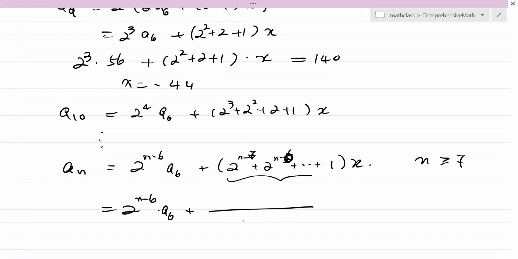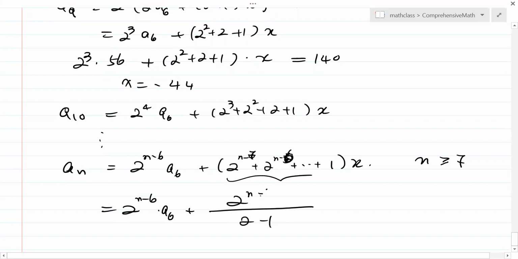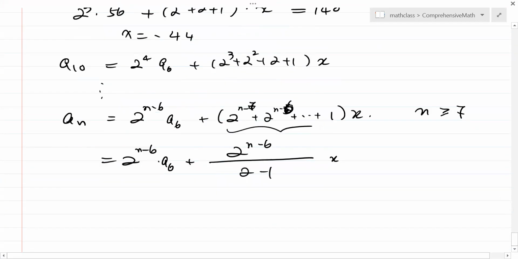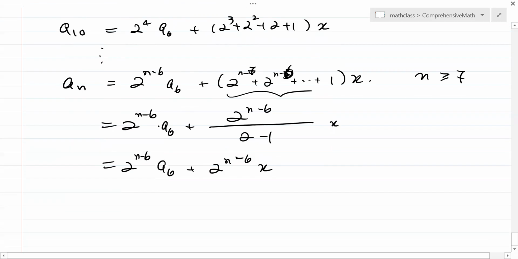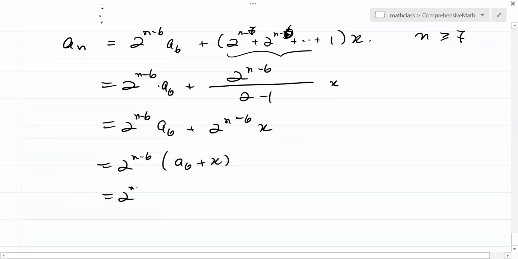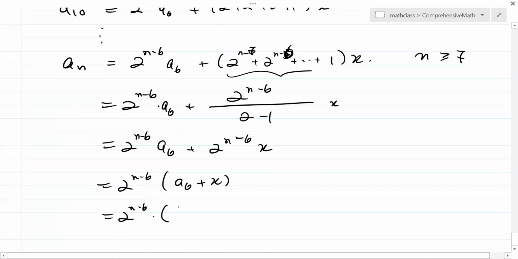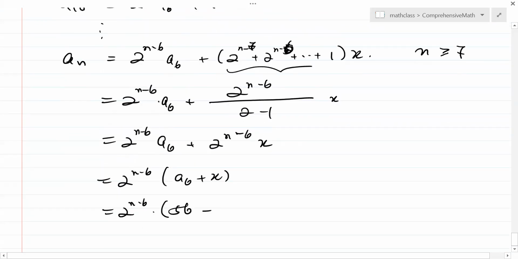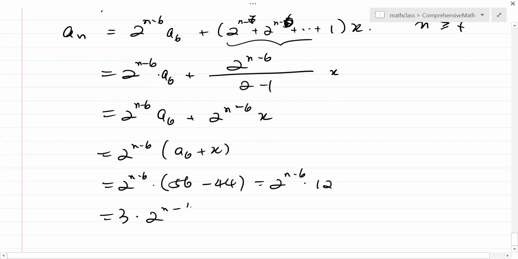It's better to write this form: 2 to the n minus 6 minus 1 over 2 minus 1. Let's simplify a little bit. We get a common factor 2 to the n minus 6. A6 is 56, and x is negative 44, as we already found. So what you got here is going to be 12. 12 is 3 times 4, so it's going to be 3 times 2 to the n minus 2. So we even get the general formula.